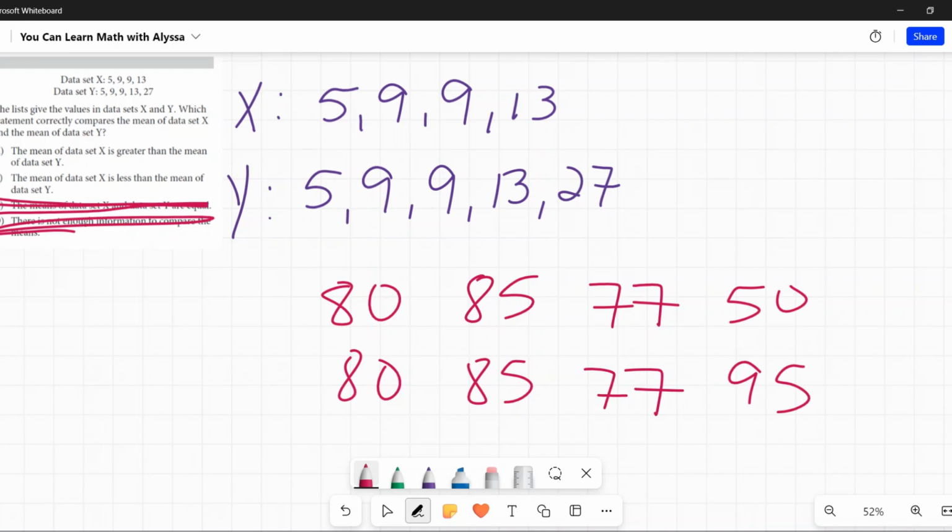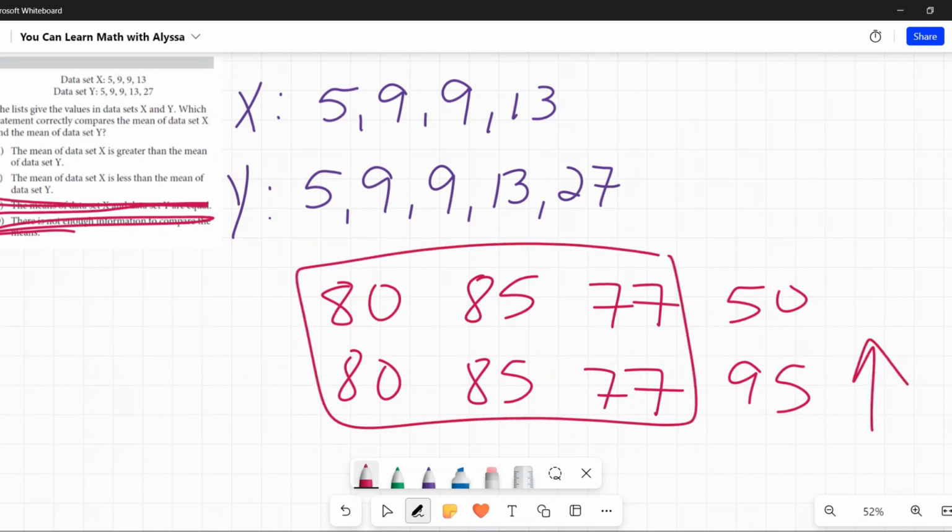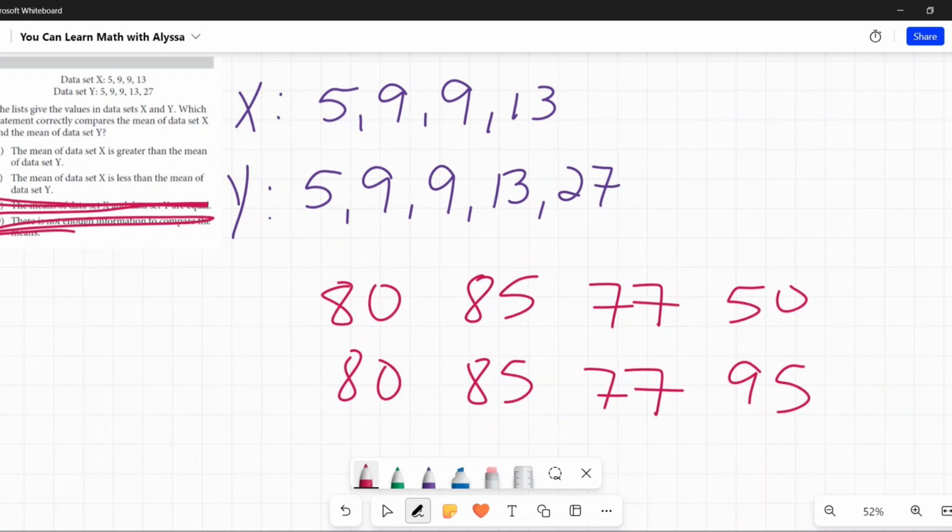What's going to happen to their grades? This person's grade, is it going to go up? No, that 50 is going to bring that average down. This 95, is that going to bring it down? No, of course not. It's going to bring it up. So even though up to this point they were the same, this person is going to have the better grade overall because that 95 brought the average up, and that 50 brought the average down. That's just the way it works.